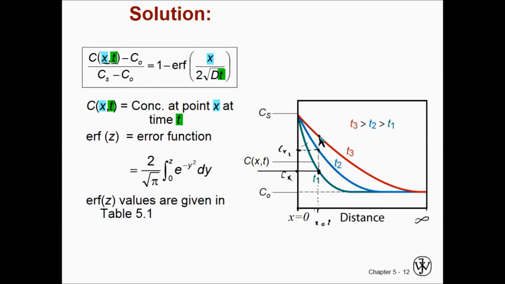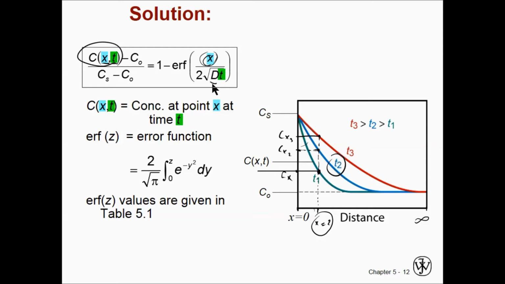If I wait 3 hours, I'll have another concentration. So for a certain position, for a certain time, we can measure the concentration of the diffusing species inside the material, and that's it. This X is the same X over here. So if I'm trying to measure 5 millimeters below the surface, I will plug in 5 millimeters over here.